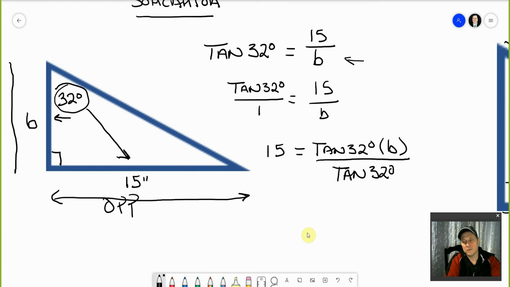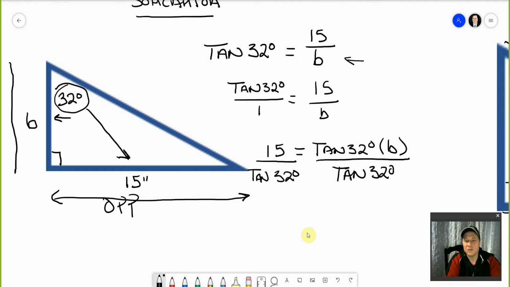We talked about this in algebra the other day. Anytime you multiply something and then divide by the exact same thing, why did you do it in the first place, right? These two cancel each other out. But whatever you do on this side, you have to do on this side as well. So if I divide this side by tan of 32, I have to divide this side by tan of 32.